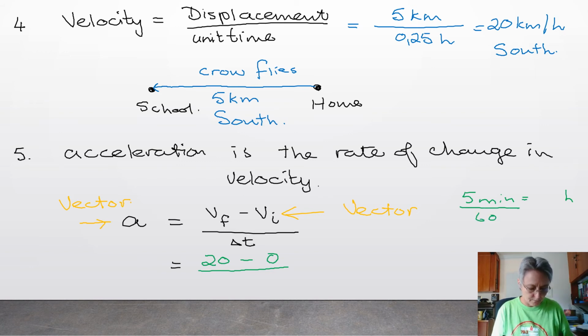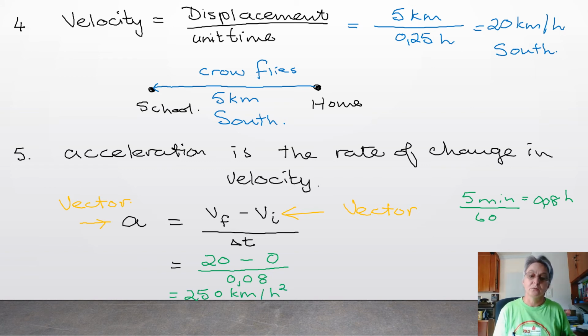So 5 divided by 60 is 0.08 hours, rounded off. So the acceleration is 20 minus 0 divided by 0.08. So we're going to 20 divided by 0.08. So the acceleration, like that of a rocket, is 250 kilometers per hour squared.